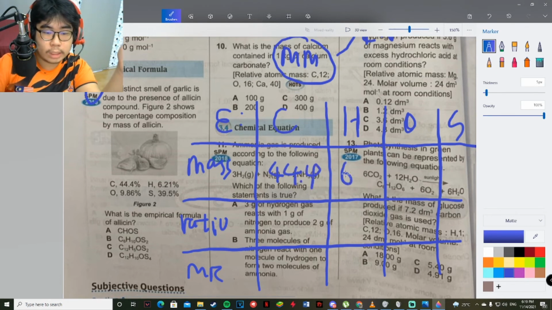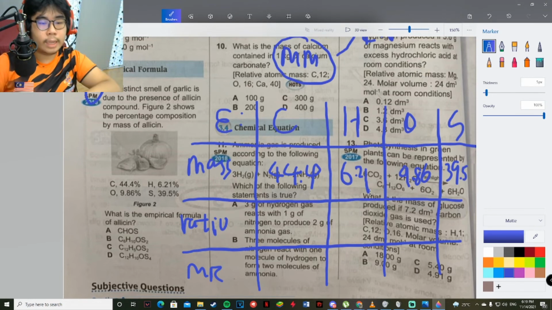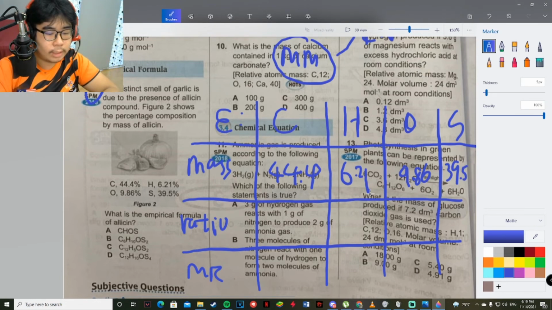Hydrogen, we put 6.21. Oxygen, we put 9.86. Sulfur, we put 39.5. Alright, so for the ratio, we divide by the relative atomic mass.